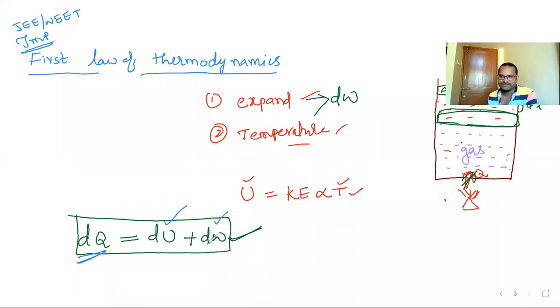First law of thermodynamics. Okay, now while using the first law of thermodynamics, we need to have some sign convention. Means whether heat energy is to be taken as positive or negative, when we have to take dU positive or negative, dW positive or negative. These points are very important.